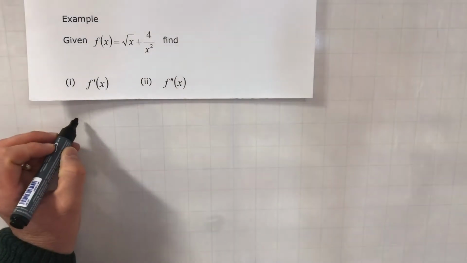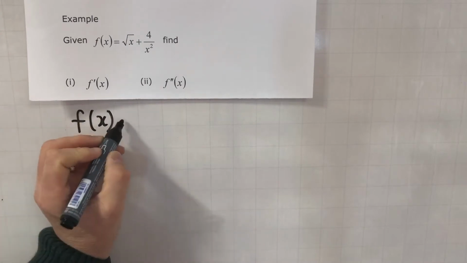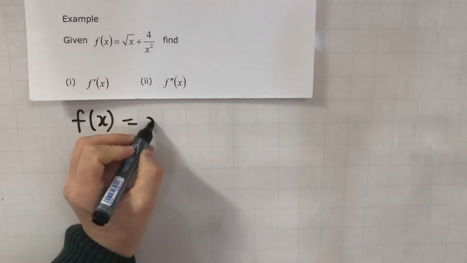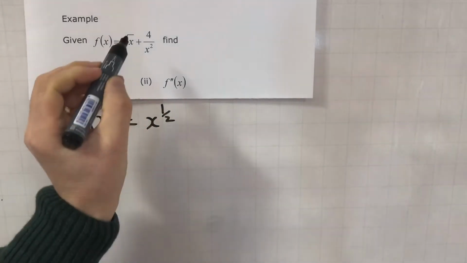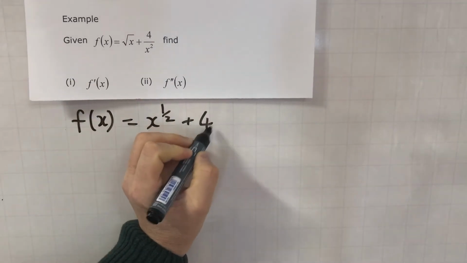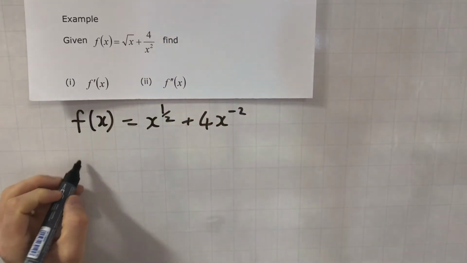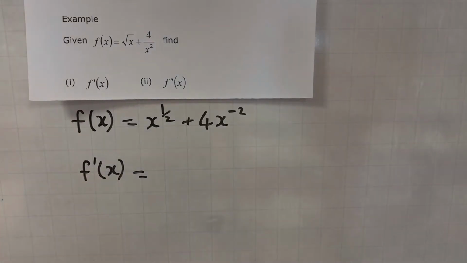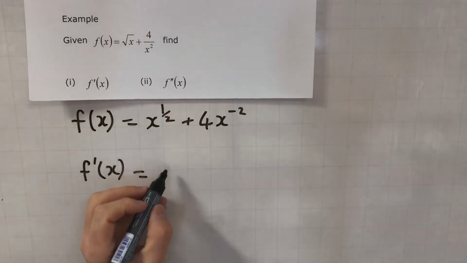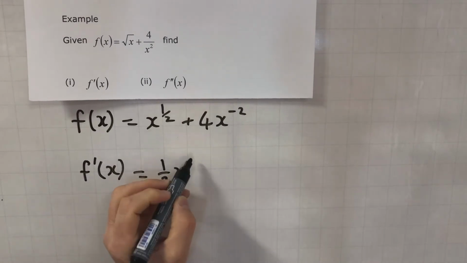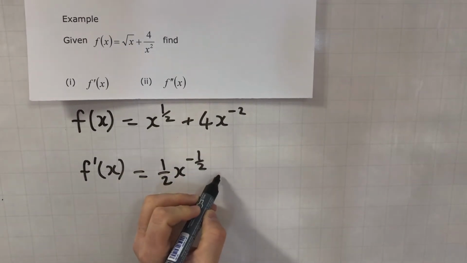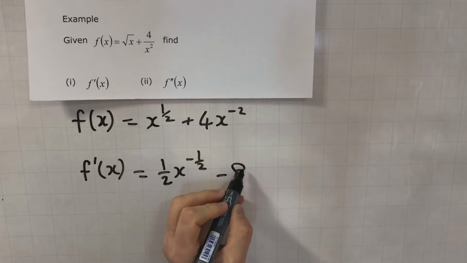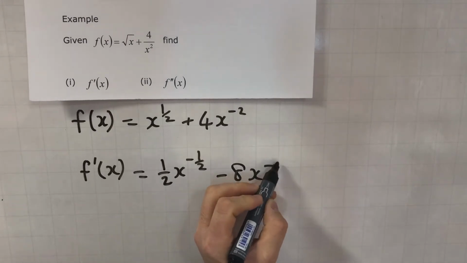So again, if I rewrite square root of x as x to the half, that as 4x to the power minus 2, we're in a position to work out the first derivative, f dash of x. Bring down the power, take 1 off the power, bring down the power, take 1 off the power.